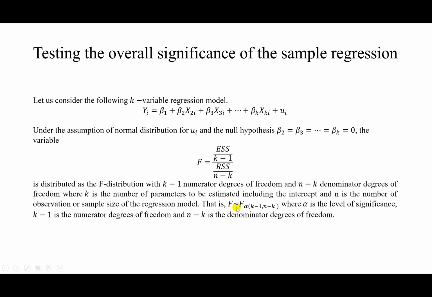That is, F is distributed as F distribution with alpha level of significance, k minus 1 numerator degrees of freedom and n minus k denominator degrees of freedom.